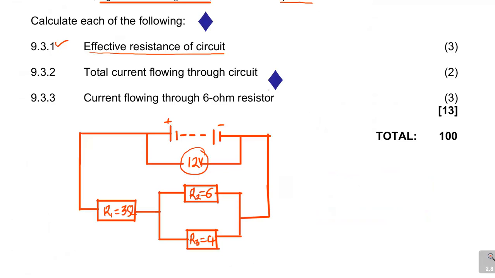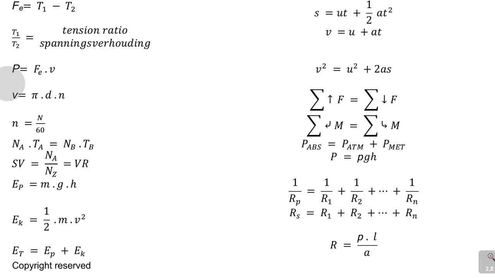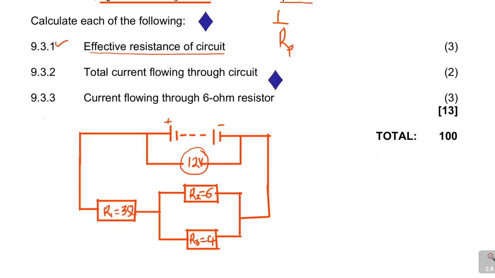So for the first one, which is resistors in parallel, remember that the formula for resistors in parallel says 1 over RP. See that one? So I'm using this formula, 1 over RP. If I use it here, I'm looking at the two resistors in parallel. So I'm adding that and that. That's what I need to do first.